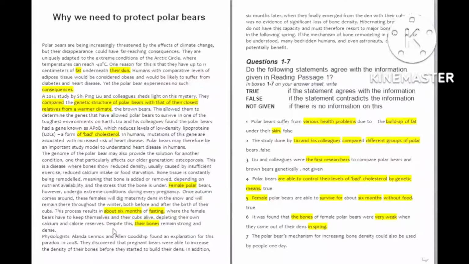Despite this, their bones remain strong and dense. Here they use the word strong, which is the opposite of weak. The bones of female polar bears remain strong and dense, but the question says they are very weak when they come out of their tents in spring. So the information contradicts this statement, and the answer would be false.